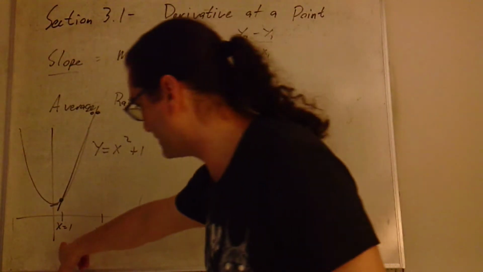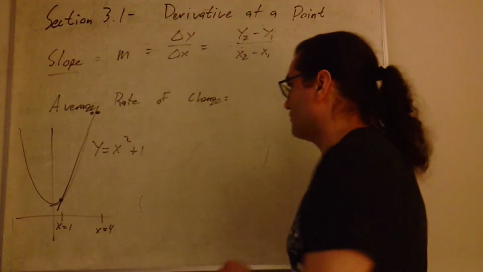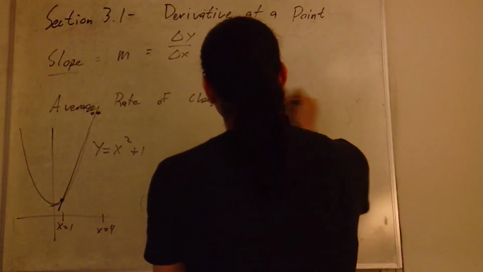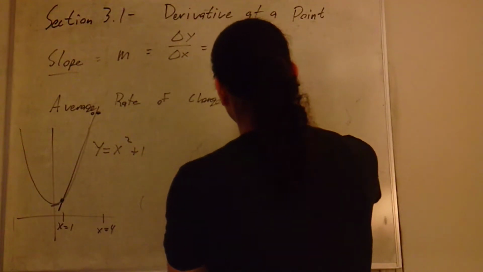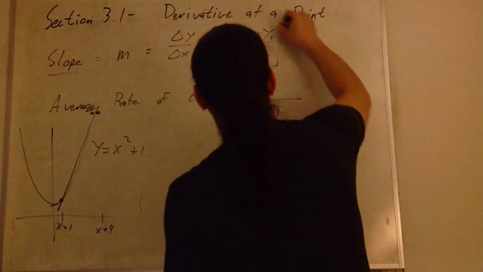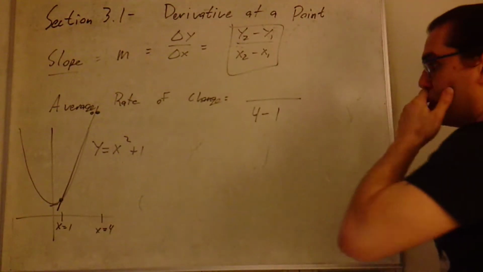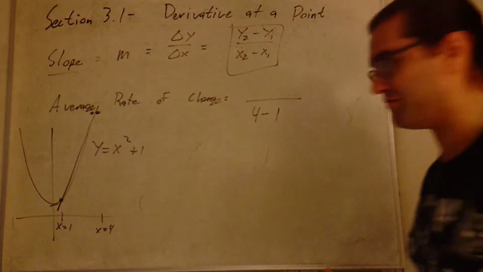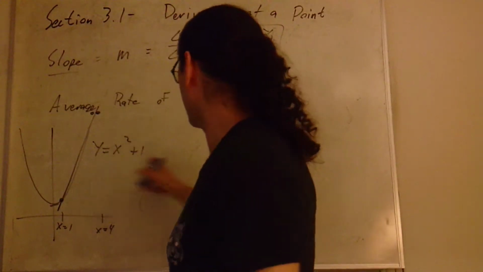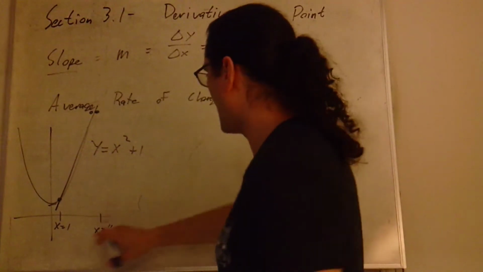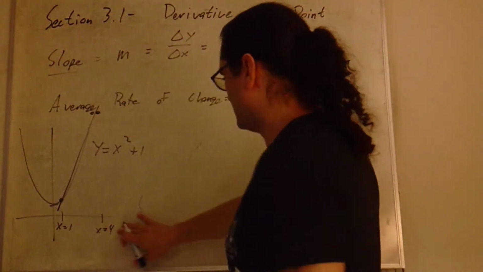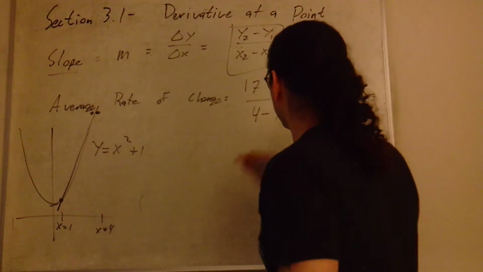We'll do x equals 1 and x equals 4. If these are the 2 points I'm going to use, I already have x2 and x1. That'll be 4 minus 1. If we're using this as our slope formula, to get y2 and y1, we're going to have to plug into this function. So when we plug in 1, we should get that y equals 2. And when we plug in 4, we should get that y equals 17. 4 squared is 16 plus 1.